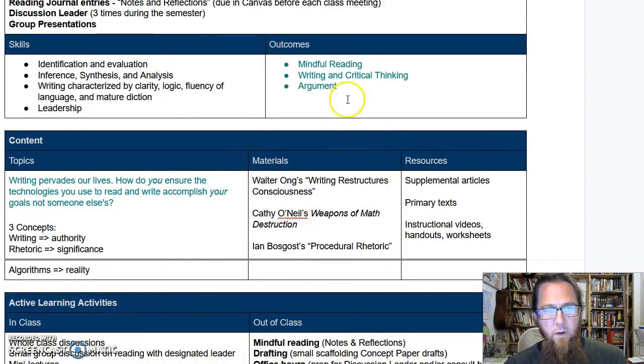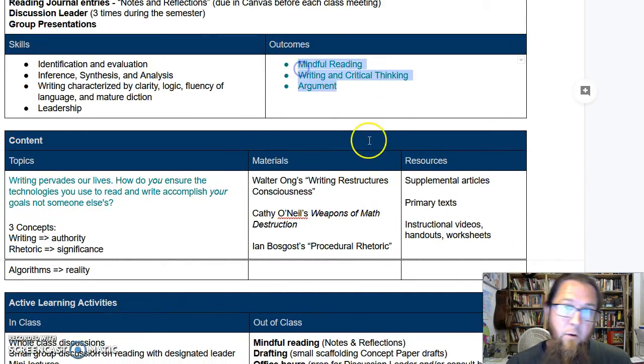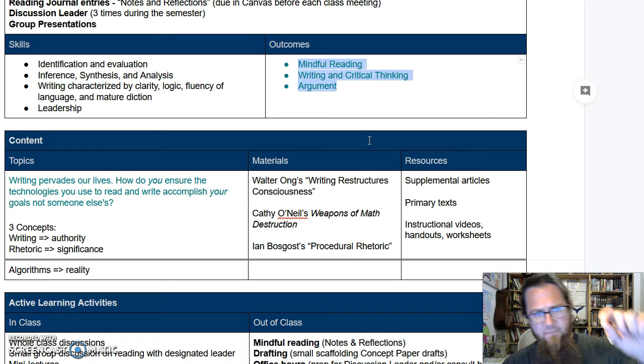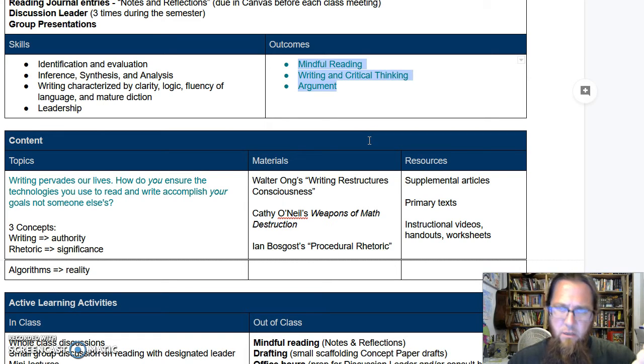As I said, when I really thought about the outcomes for English 202, I started to recognize a recursive pattern of active learning activities that I'm already relying on, but I didn't really think about in these broad strokes until I went through this worksheet and this reflection. I'm seeing reading as the starting point, right?